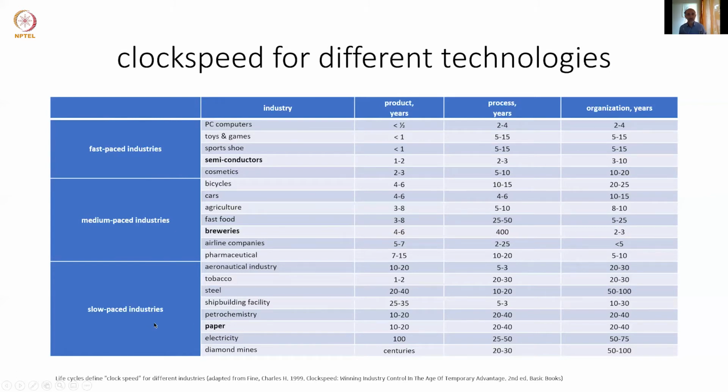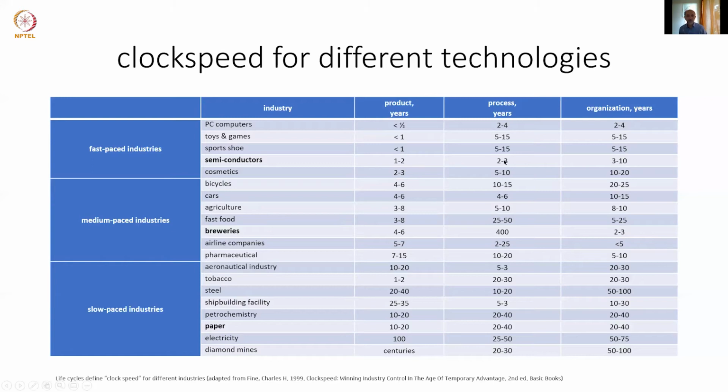What does it mean? If, for instance, we take the semiconductor, the products and technologies in the semiconductor industry are replaced regularly with a pace of 1-2 years. Okay, it means every 12-24 months we have a new hardware, we have a new artifact.